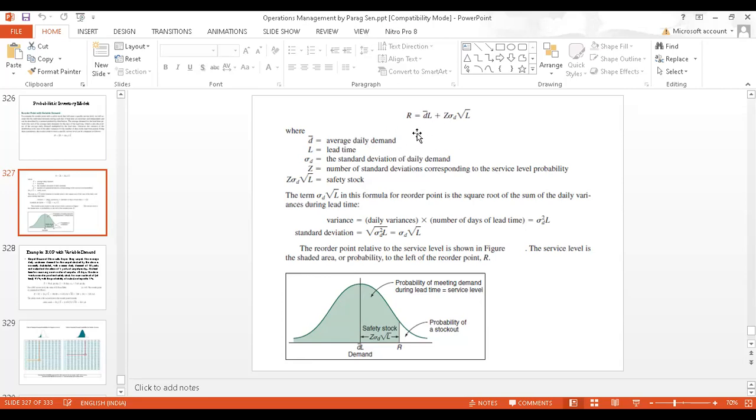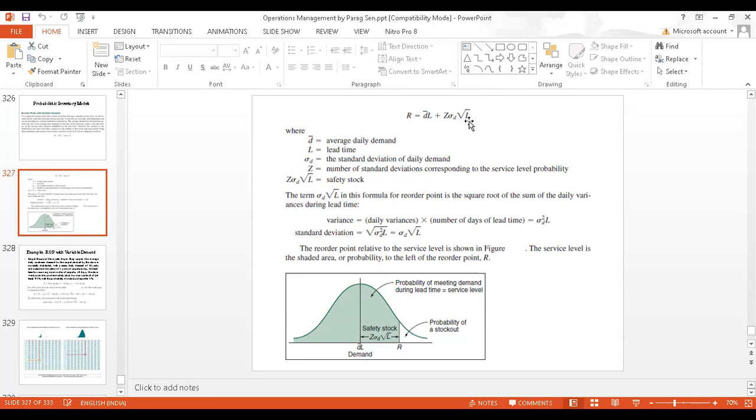This is nothing new, plus Z into sigma D into root L. This is the formula for the safety stock. Now the question is how we will derive this formula.